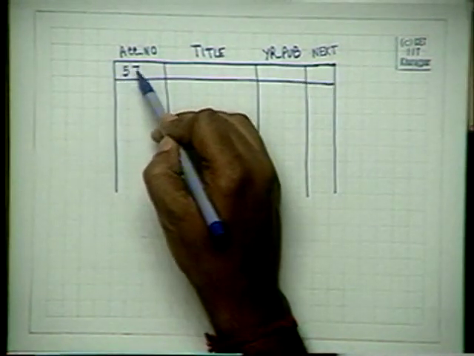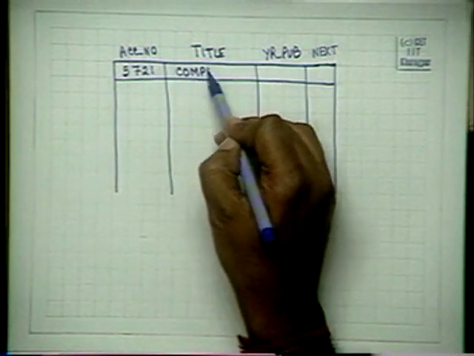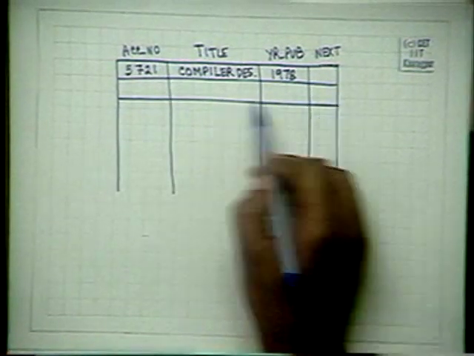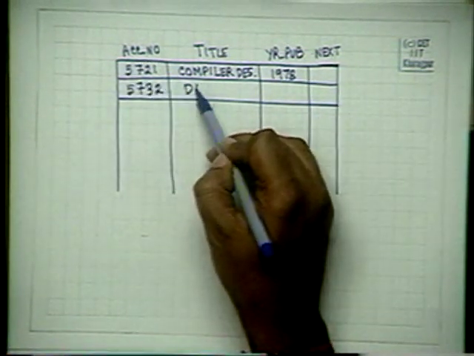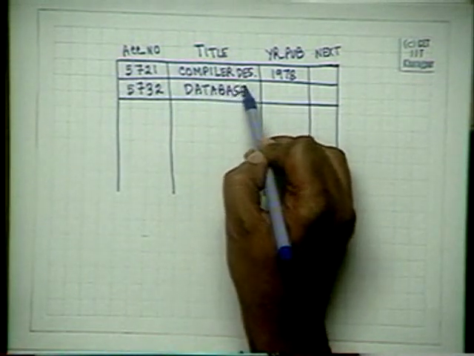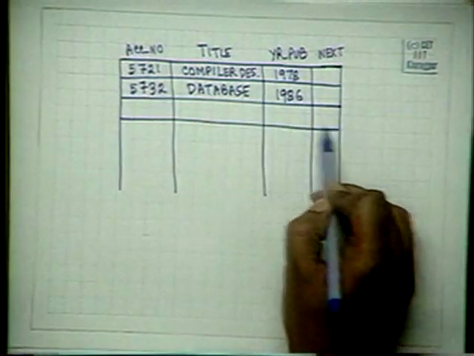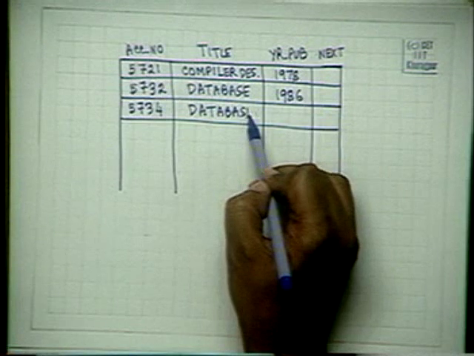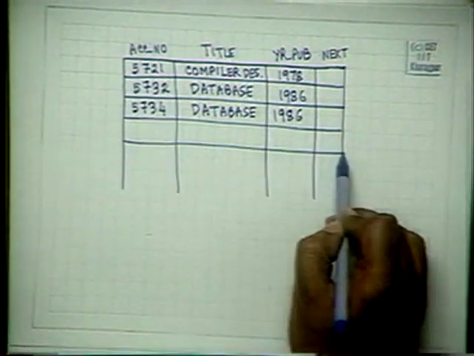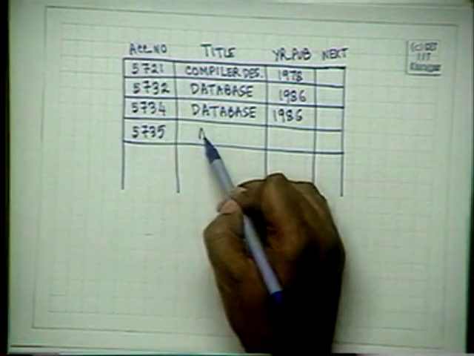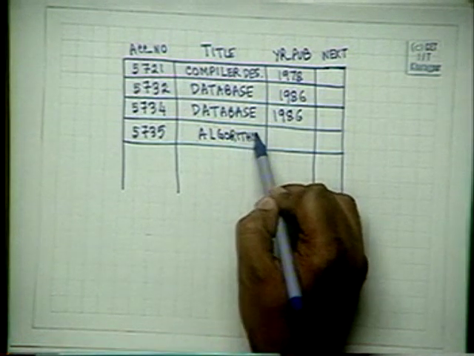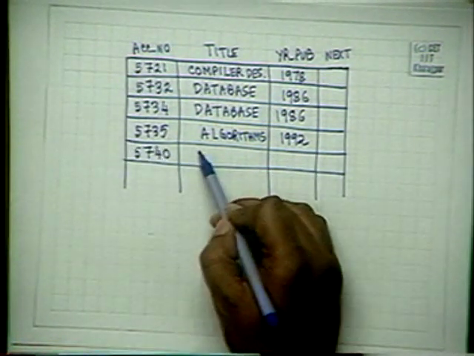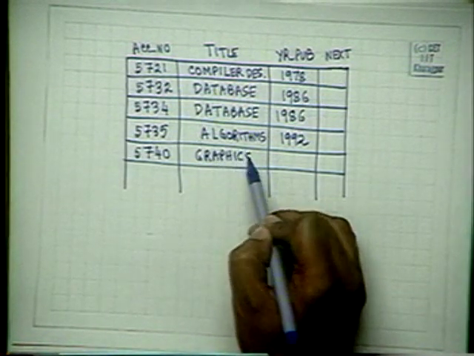This next will tell us which is the next sequential block, which is the next sequential element in the block. For example, in our situation, we had this book, we had 5732 database, we had 5734 another database, we had 5735 algorithms, and we had 5740 graphics.